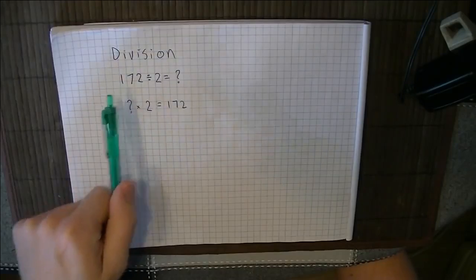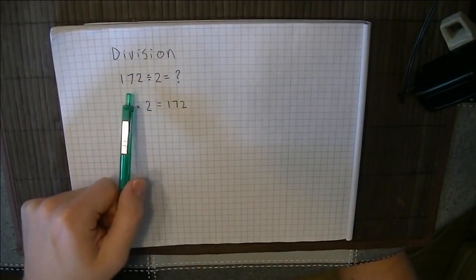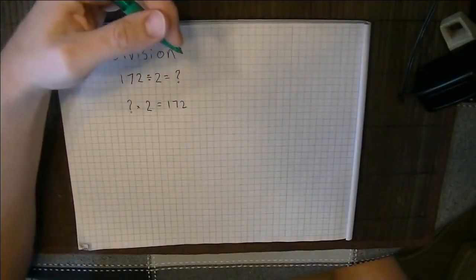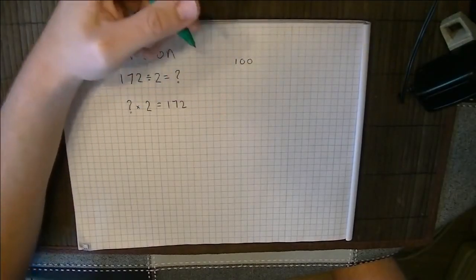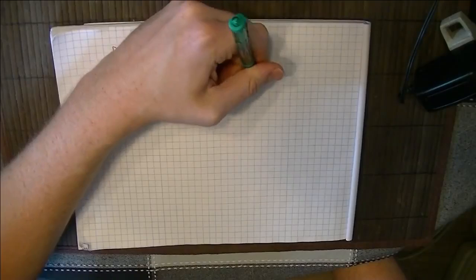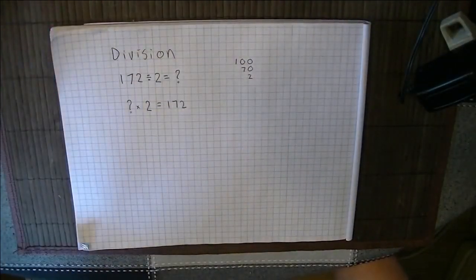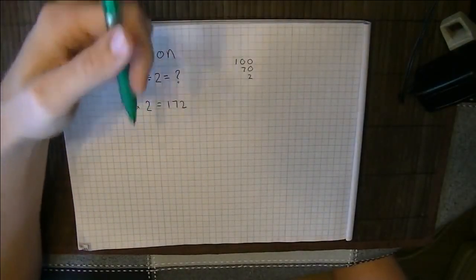But let's get through this. What you can do is just go through the number, break it into pieces. So we're going to take this 172 and say, well, I could think of that as 170 and 2. Okay, and then what I can do is just divide each of those pieces by 2, and then add them up.